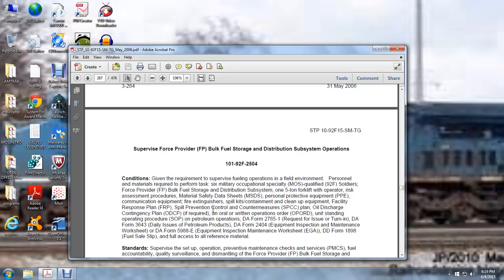Supervise force provider bulk fuel storage and distribution system operations.